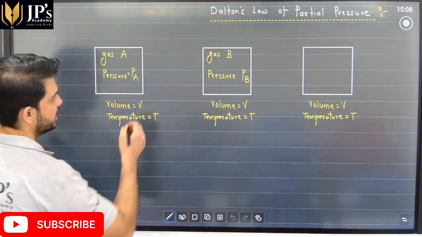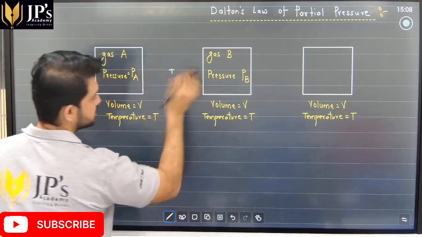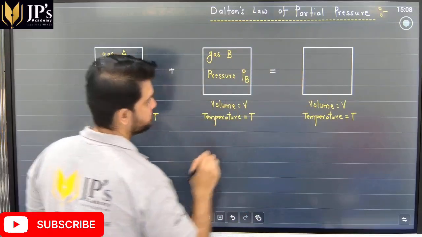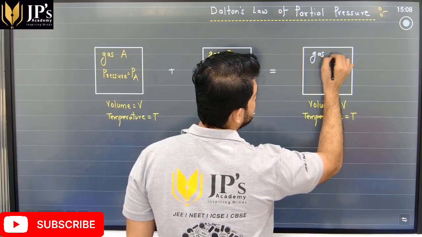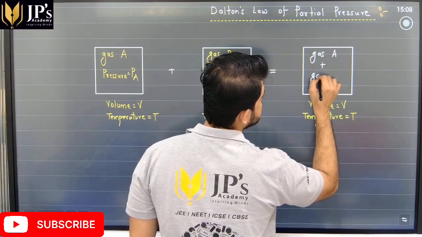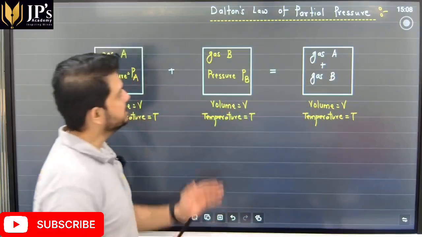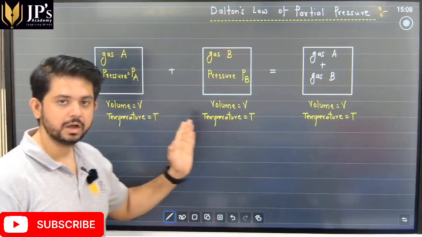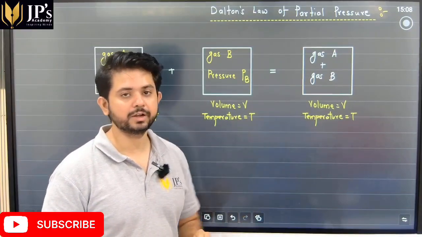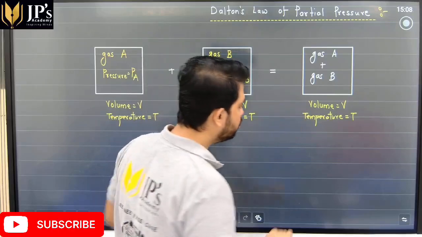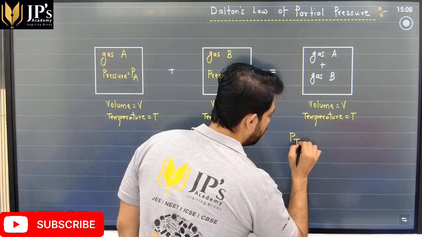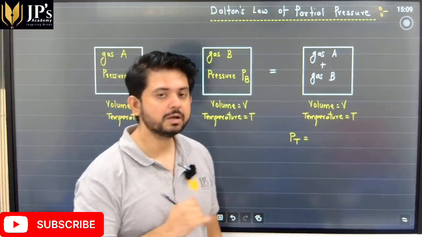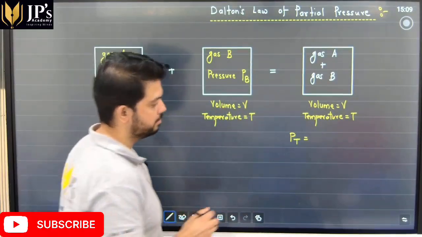Now students, if I mix the two gases, and in the third container now I have both gas A and gas B, then Dalton's law of partial pressure says that if I have a mixture of non-reactive gases, then the total pressure of the non-reactive gaseous mixture will be equal to the sum of their individual partial pressures.